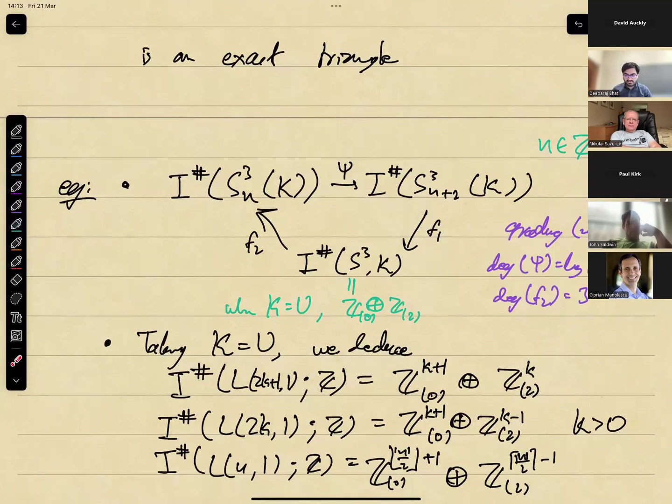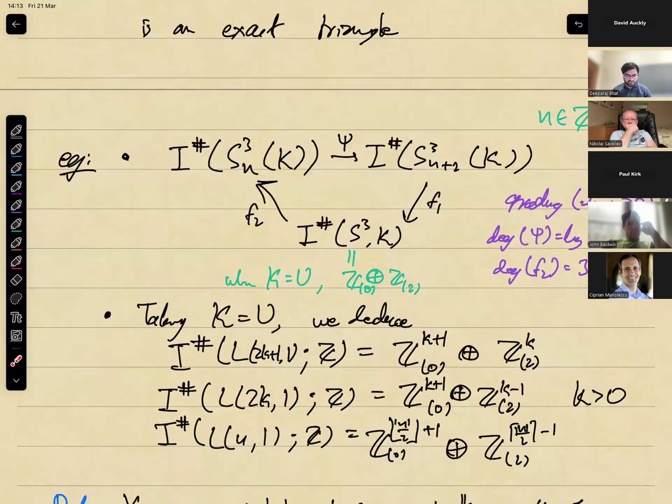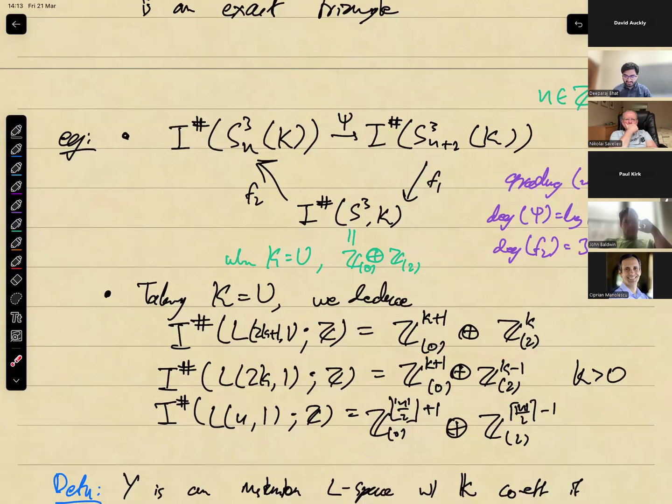This just comes from looking at the critical locus and then perturbing it to be Morse-Bott, and then you get this by hand. And we can use this to compute the instanton homology of lens spaces. So we get this sort of computation with the Z mod 4 grading.